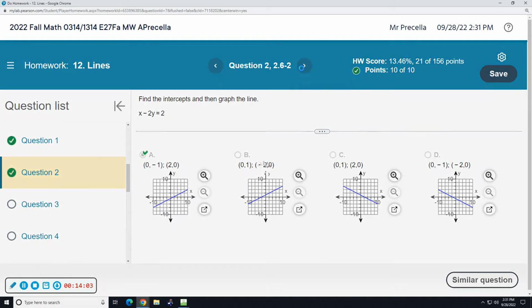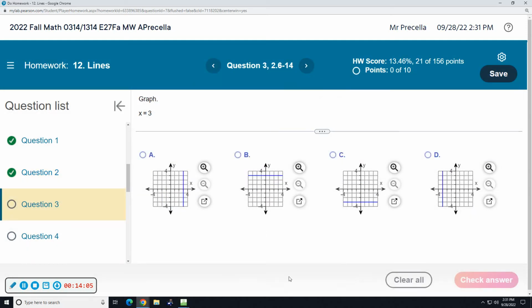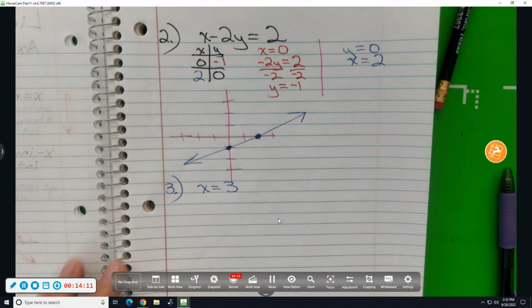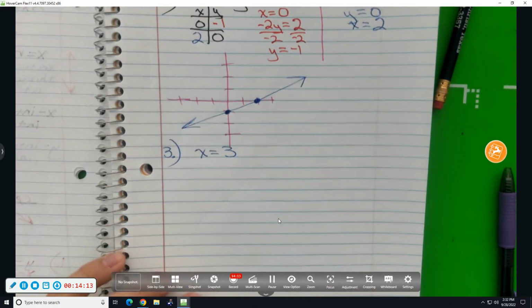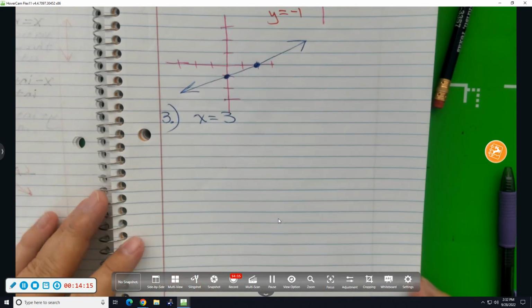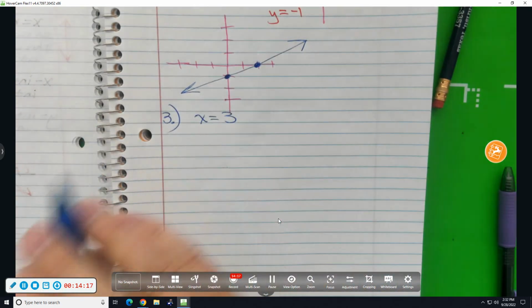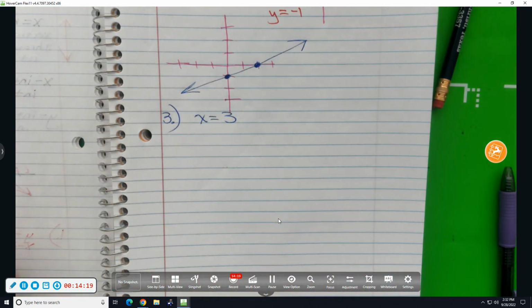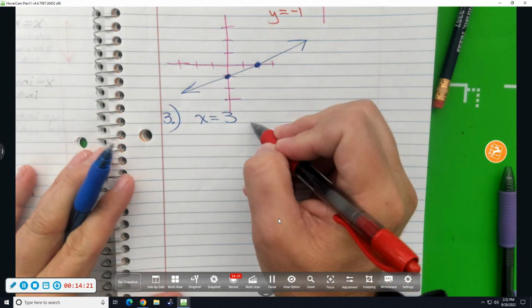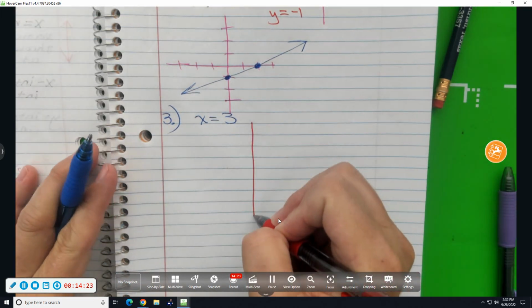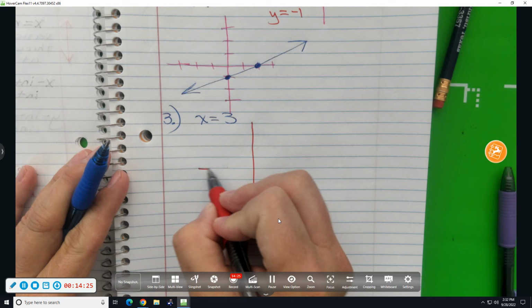If there's only one variable, it's either vertical or horizontal. So how do we graph? It didn't say anything about intercepts, just how do you graph x equals 3? Draw yourself an XY grid. Okay, then.